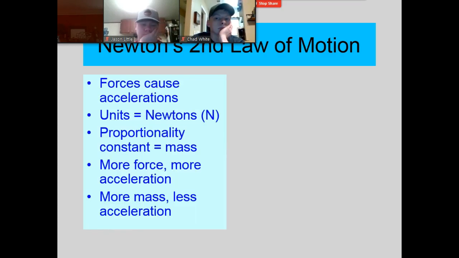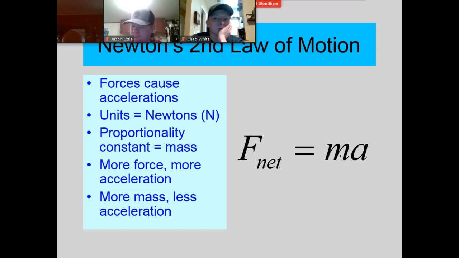That's Newton's second law. Forces cause accelerations. Now, the formula for that, I think they're going to show over here. There it is. The net force acting on an object is a product of its mass times its acceleration. Now, mass is related to the inertia, what we were talking about before.